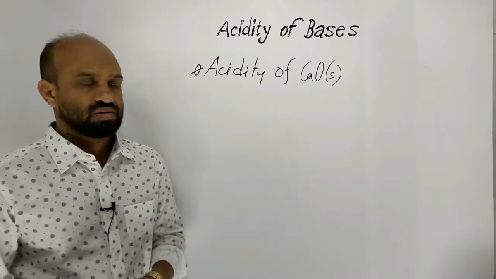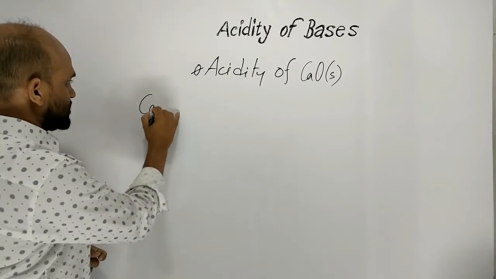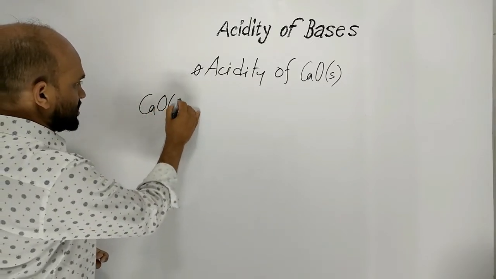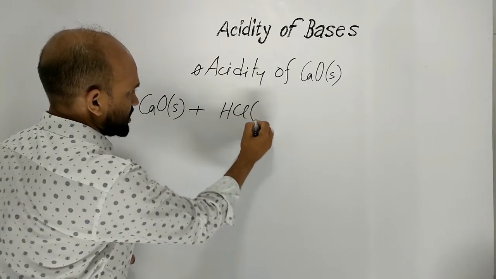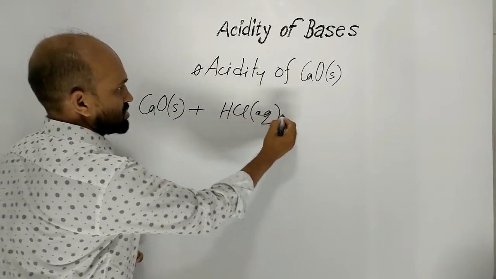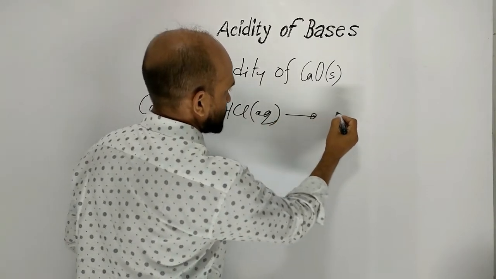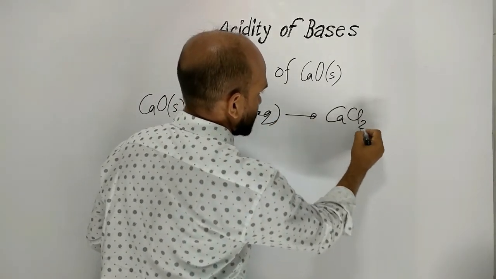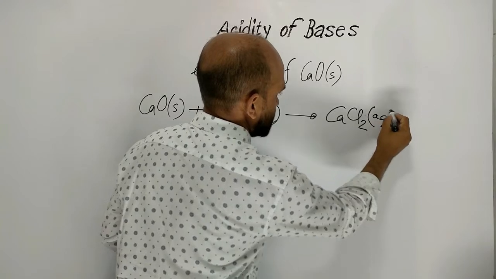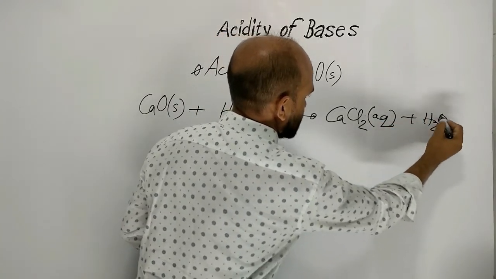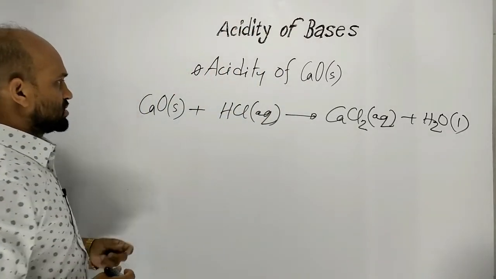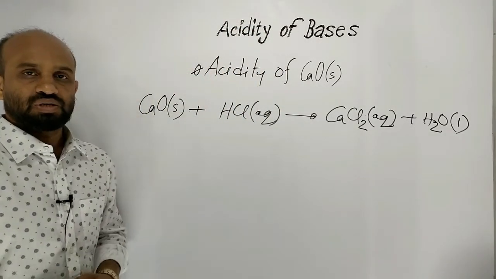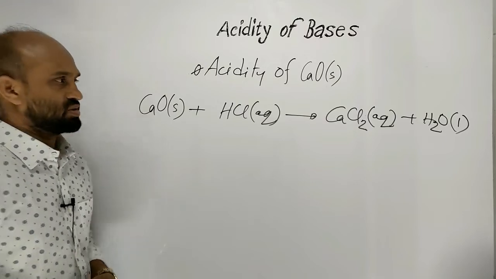Now, acidity of calcium oxide. Calcium oxide reacting with hydrochloric acid forms calcium chloride and water. Now the reaction is balanced first.